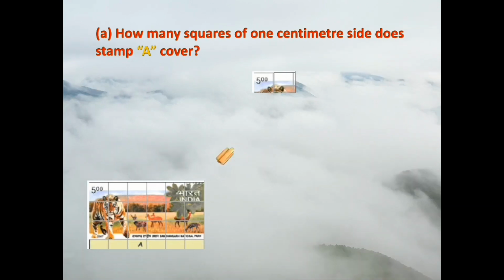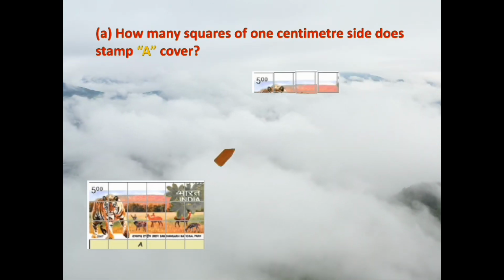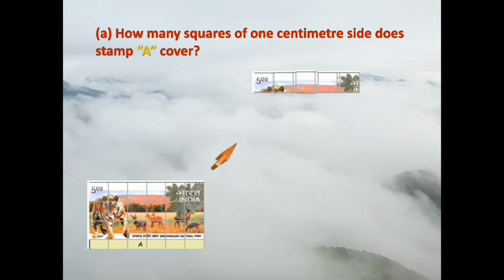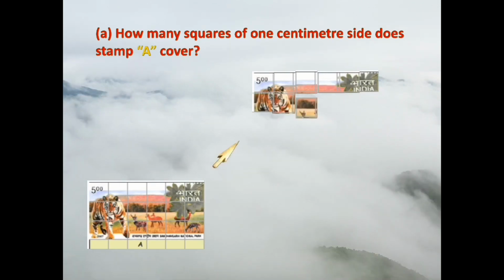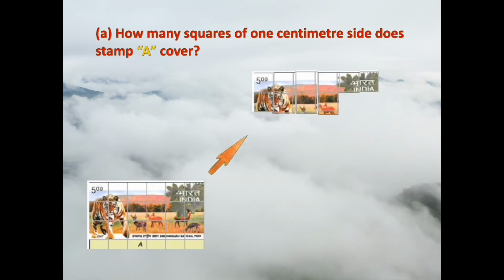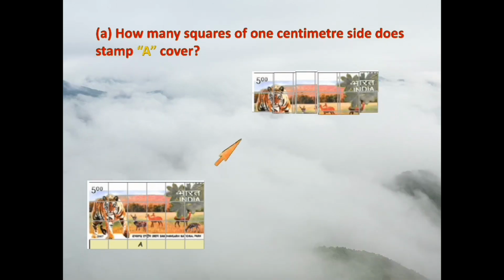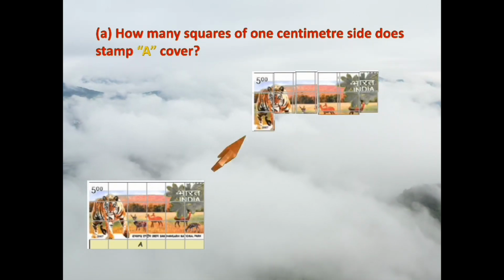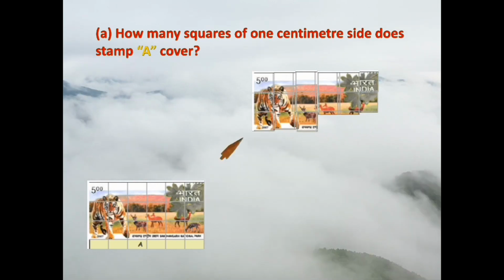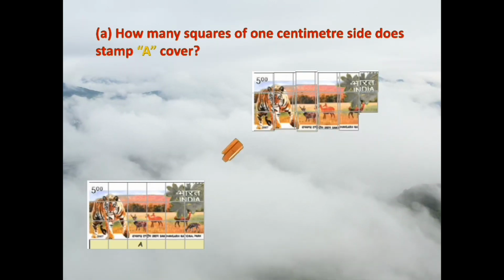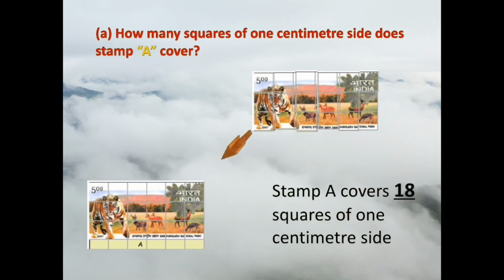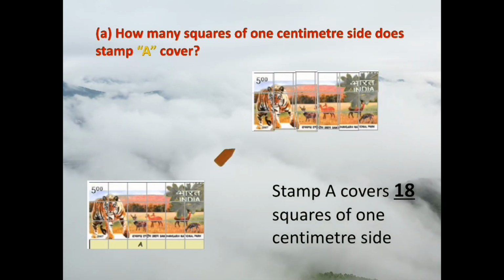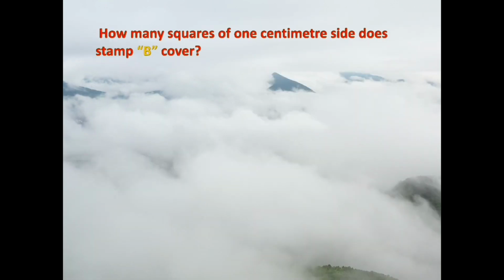Counting the squares: 1, 2, 3, up to 18. Stamp A covers 18 squares of 1 centimeter side.